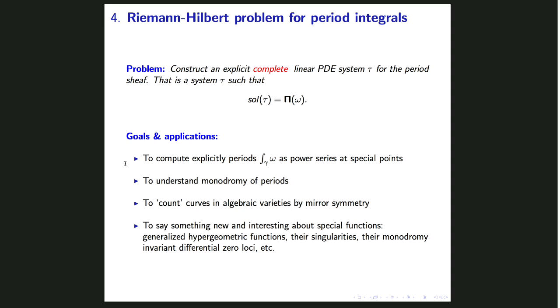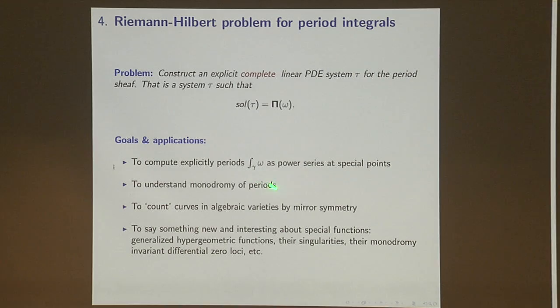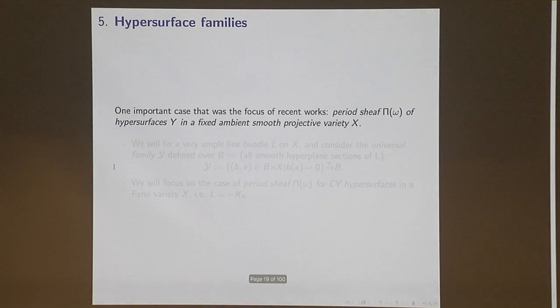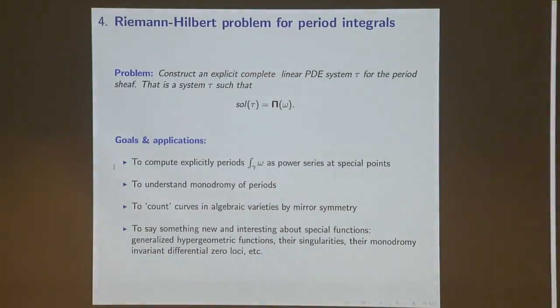The second thing that one might apply this to is to understand monodromy of the period integrals from knowing the explicit solution. And the third and more recent application is, of course, mirror symmetry, as it is now a well-known story that you could use period integrals to count rational curves in algebraic varieties. I won't have much to say about the first two in this lecture, but I'll mainly focus on the third.